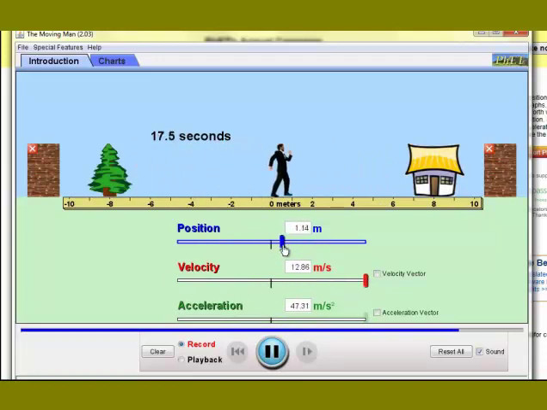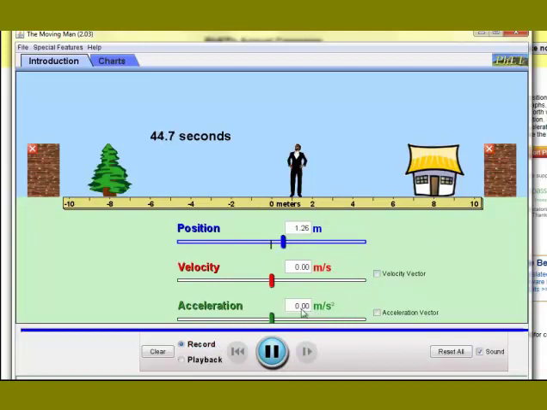So you can get a sense of what's going on: each time the velocity increases, the acceleration goes up into a positive number. Each time the velocity gets lower, even though it's still a positive number, so we may be going in this direction, if we're slowing down, our acceleration is negative.